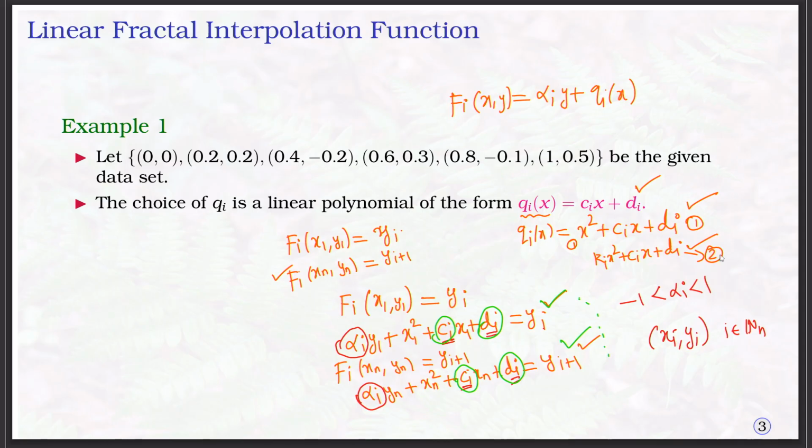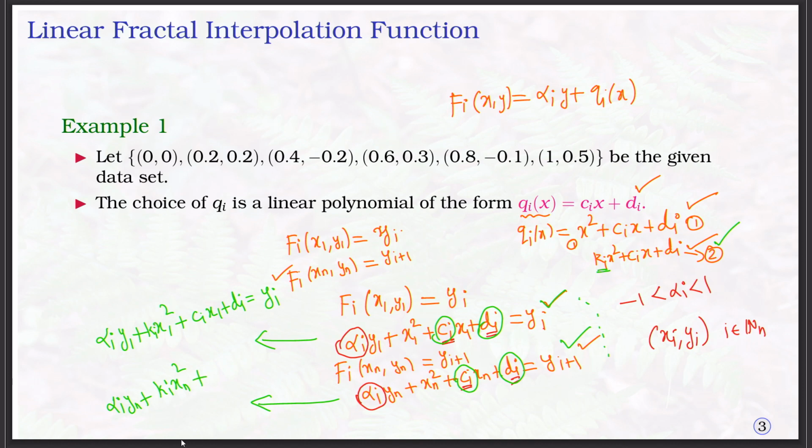This has a unique solution. Whereas if you choose a quadratic polynomial of this type, the two equations become alpha i y1 plus ki x1 squared plus ci x1 plus di equals yi, and alpha i yn plus ki xn squared plus ci xn plus di equals yi+1.